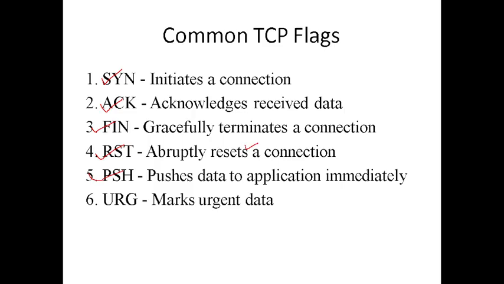Then we have PSH, the push flag, which pushes the data to the application immediately without waiting in the buffer. And lastly, we have URG, the urgent flag, which marks urgent data.